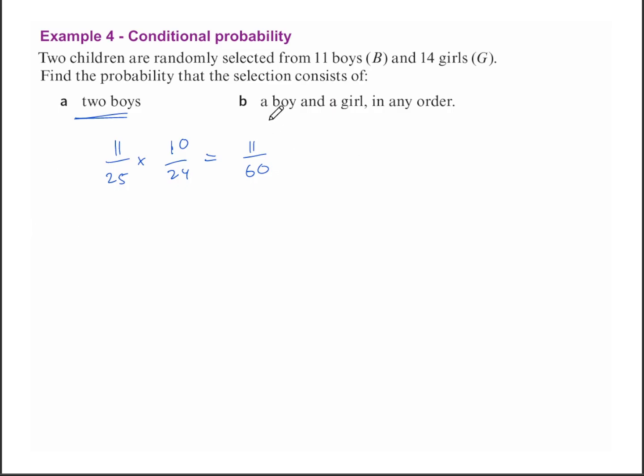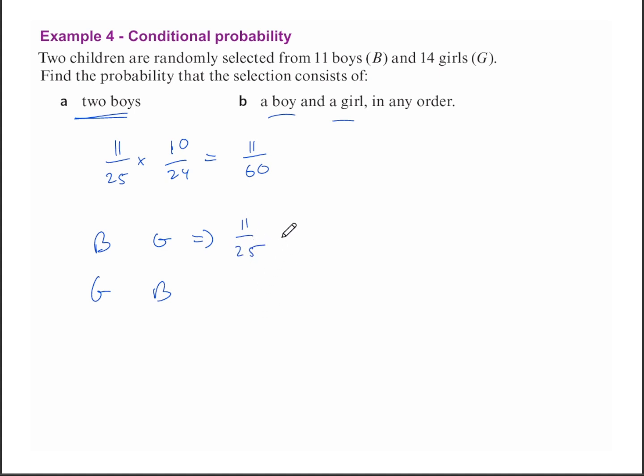Next, what if you wanted a boy and a girl in any order? So you have either a boy then a girl, or a girl then a boy. To get a boy then a girl, you have to find the probability of you selecting a boy at first, multiplied by the probability of you selecting a girl second. Probability of you selecting a boy first is 11 over 25, because there are 11 boys out of 25 children.